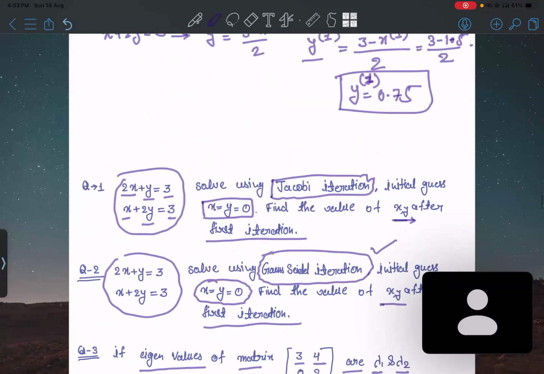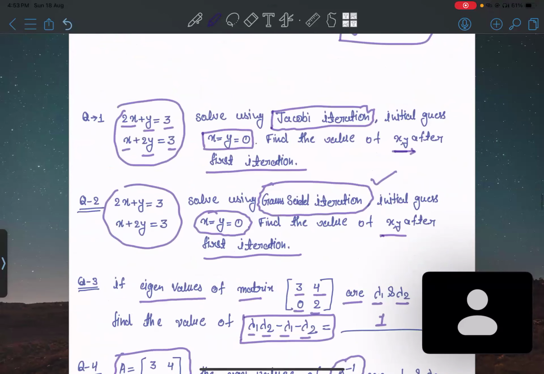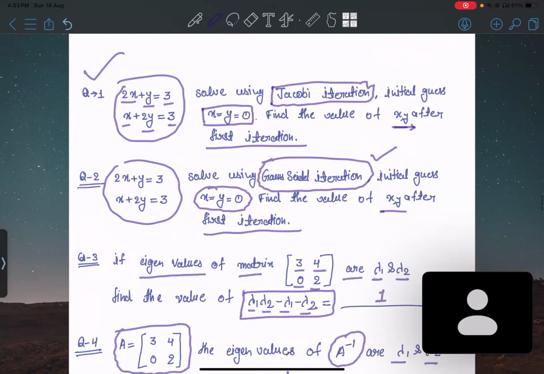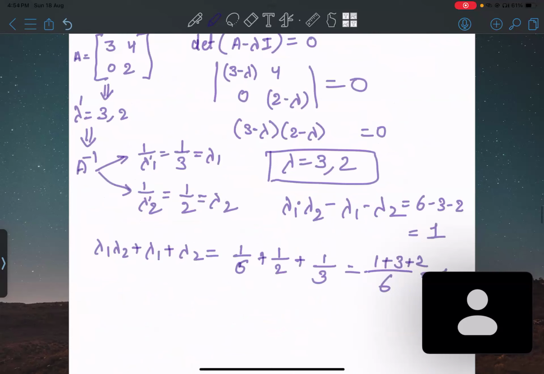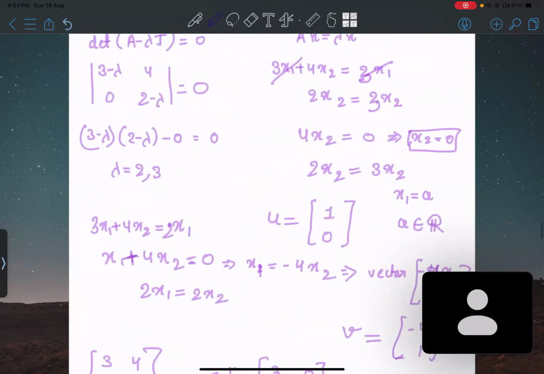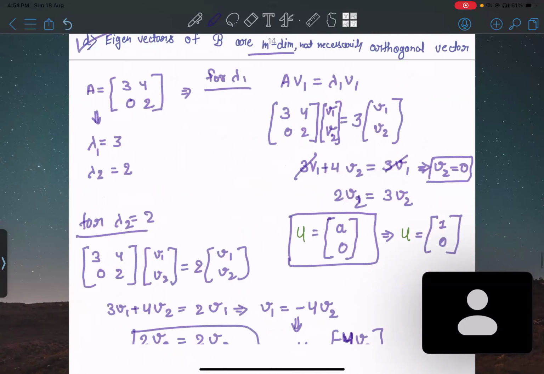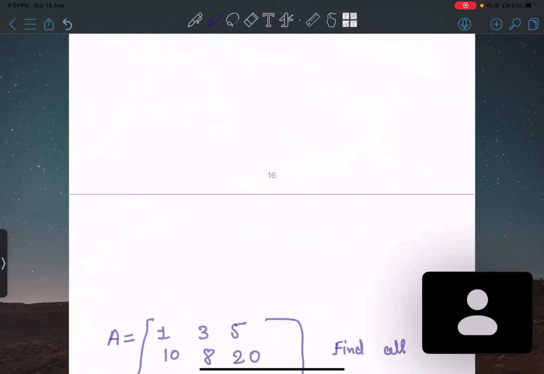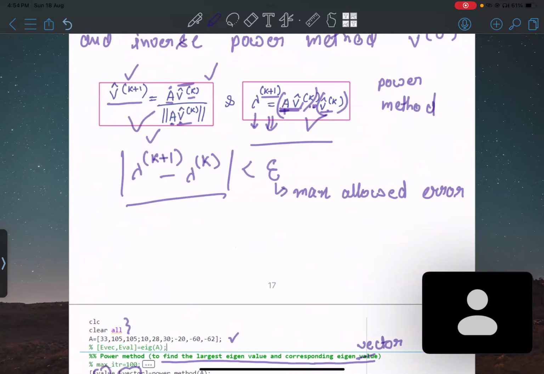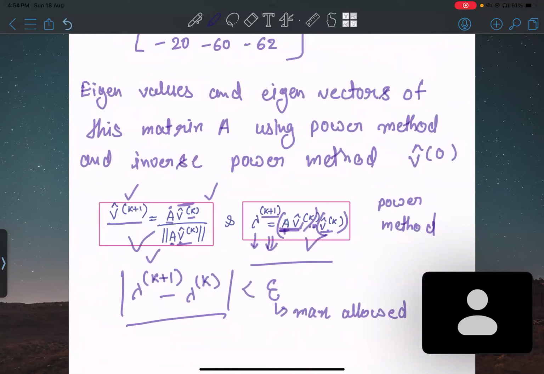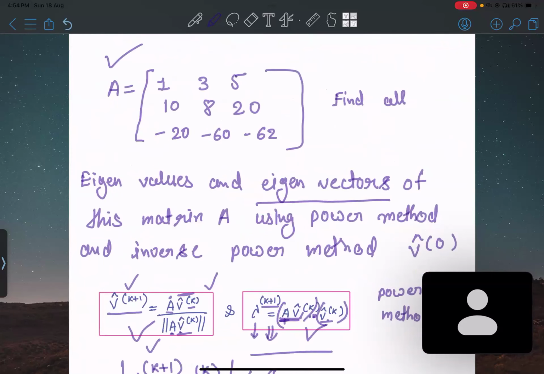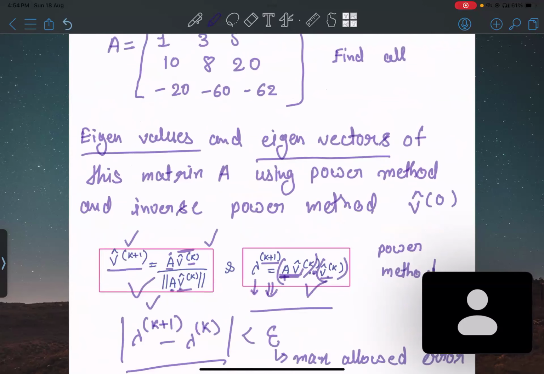Then we have solved some sample problems that are similar to the assignment problems that will be given to you in the week 4 assignment. Okay. That was very easy. We have seen all the problems we have solved here. Then what did we do? Then we have taken some arbitrary matrix and we have found all eigenvectors and eigenvalues of the matrix using the power method and inverse power method by making a computer program.